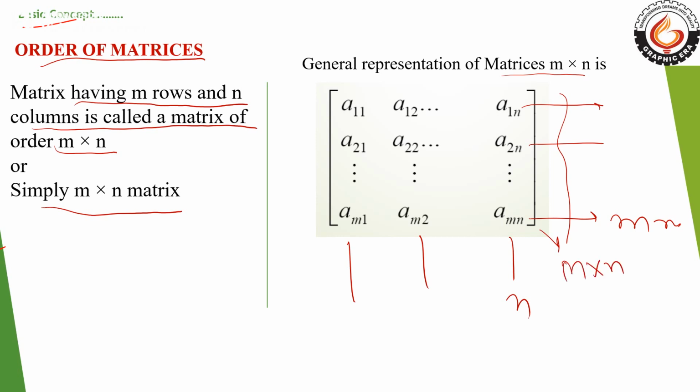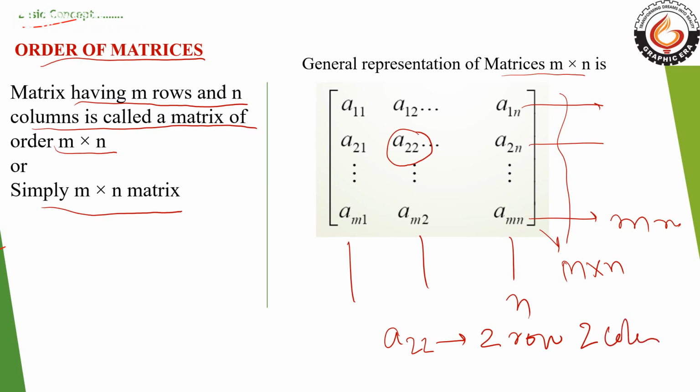Now here is something important: if we say we have an element A22, it means this element is in the second row and second column.